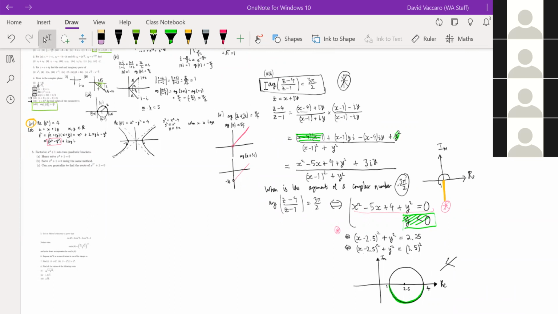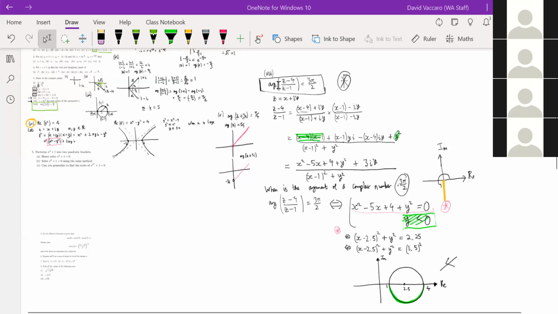I'll give you a clue. This is a mathematical result that all of you know. So think geometrically about what the argument of z minus 4 divided by z minus 1 represents.